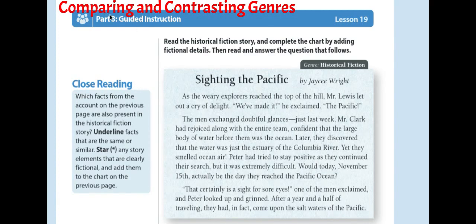When I say comparing, I mean, how are things alike? When I say contrasting, I'm talking about how things are different. And when I say genres, I'm going to put all 5 genres up here for you to look at. But more specifically in this lesson, we're looking at nonfiction and fiction. When I say nonfiction, I'm looking at historical accounts of nonfiction, like real history.